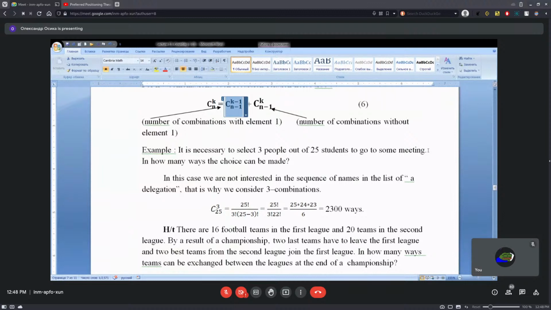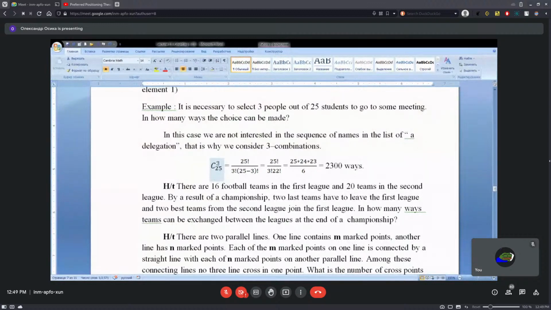You are equal, you have equal rights, equal duties. Please go sit there, and after that tell us what was discussed. That's why there is no ordering of these 3 people. In this case, we are not interested in the sequence of names in the list of a delegation. That is why we consider 3 combinations.